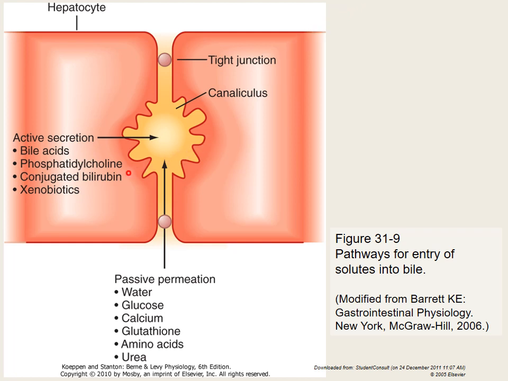These are hepatocytes and these are tight junctions here. Active secretion of bile acids, phosphatidylcholine, conjugated bilirubin, and xenobiotics, whereas passive permeation of water, glucose, calcium, glutathione, amino acids, and urea.